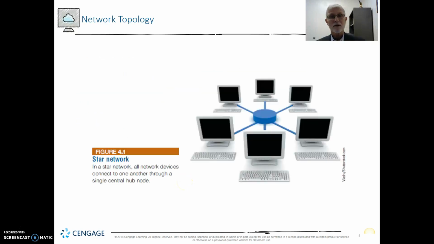The star network pretty much has a central hub with everybody connected to it, and everything flows through that hub. So if PC1 is connecting to PC2, it's got to go through the hub. If for some reason that hub fails, guess what? Nobody talks to anybody. So even though it is simple to put together, it has its risks.